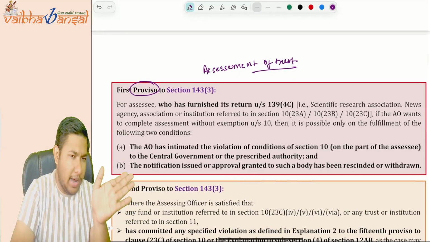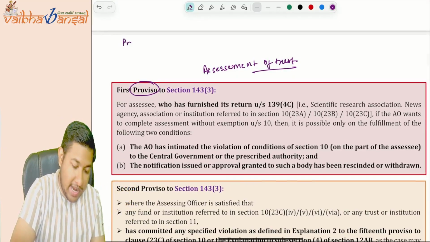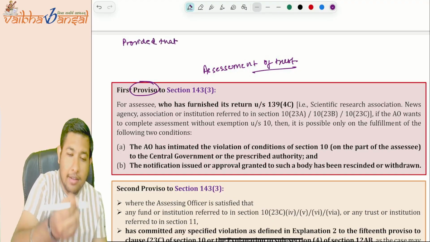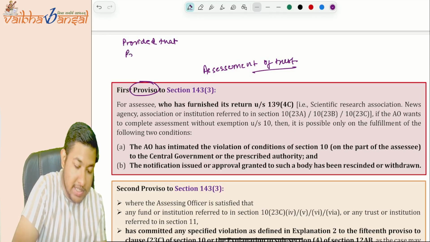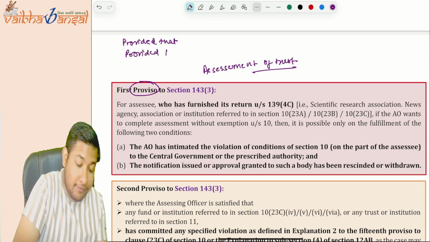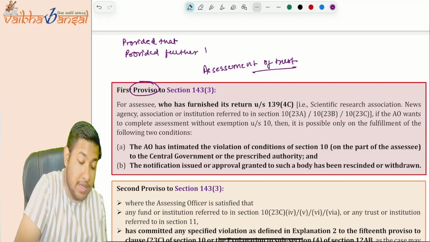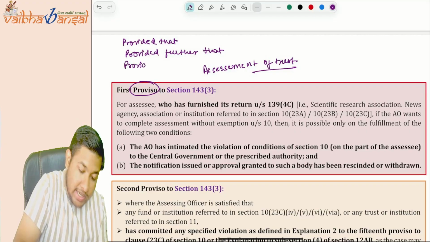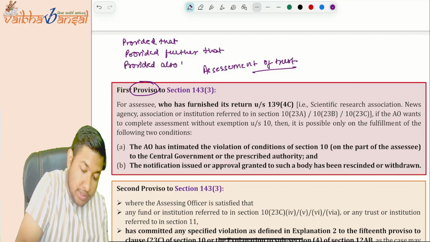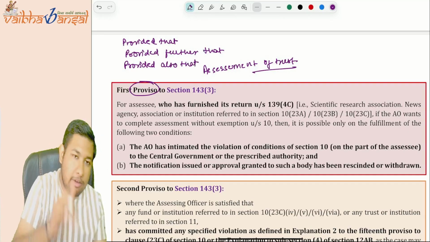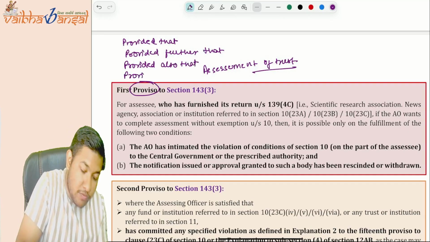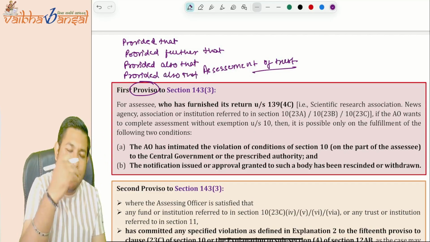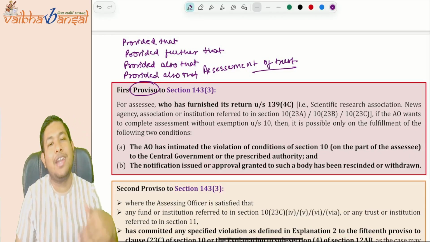If you see below the section, there is a line that says provided that. Then again a para comes which says provided further that. Then again a para comes which says provided also that. Then again a para comes which says provided also that. And from now, every para will come as provided also that.